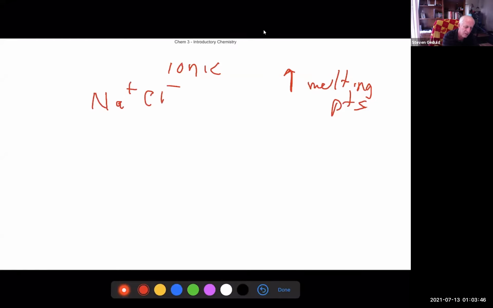Now we've got solids and liquids in the second part of the chapter. We're looking at melting points for ionic compounds. Ionic compounds are going to have very high melting points because they have charges holding together, like sodium chloride, Na plus, Cl minus.